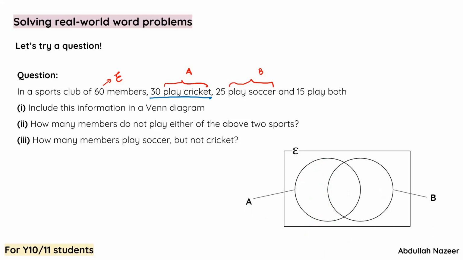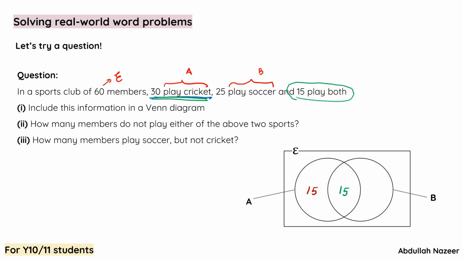So how do we address this problem? Start with the overlapping region, the intersection region. We know 15 play both. So we'll start there. We'll say 15 play both. And then we will work our way outside. So if the set A totally is supposed to have 30, this region will have 15, because only then the total number of people inside set A will become 30.